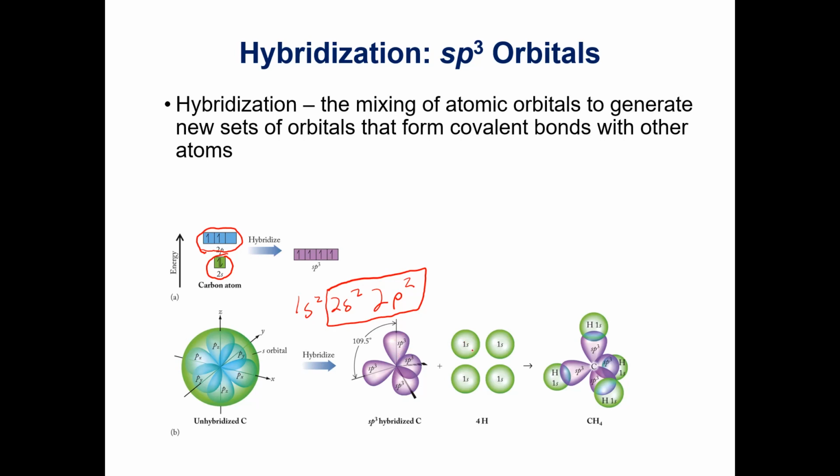If we take our hydrogens, which have 1s orbitals, those hydrogen 1s orbitals can overlap with the sp3 orbitals of carbon and form bonds. And we get a sigma bond where one of the electrons from carbon's sp3 orbital overlaps with one of the electrons from hydrogen's 1s orbital.